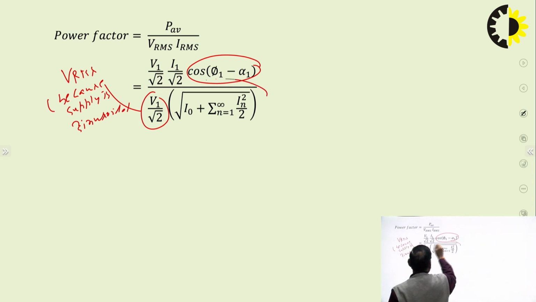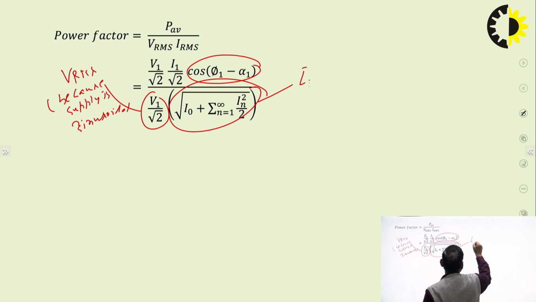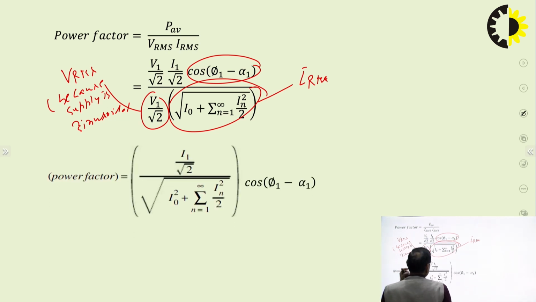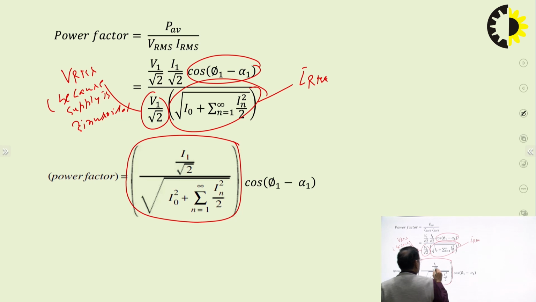And this is your Irms. So, the Irms current will increase. This is the average power, this is the apparent power, and if we segregate, the power factor has one factor I1 by root 2, the fundamental component of the current, over Irms.